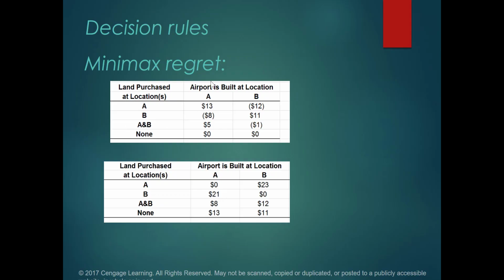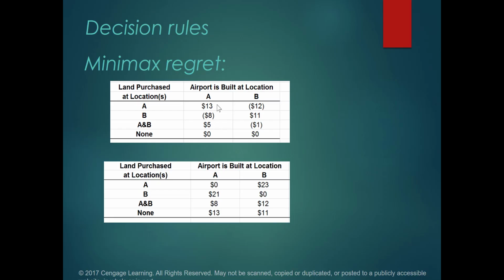The same way, if the airport is built in location A and we are picking both, the regret is that we invested this much, and the difference between the two is we are losing $8 million in profit. So 8 is the amount of the regret. So basically in the regret we find the max, and then we subtract the payoffs that we have.